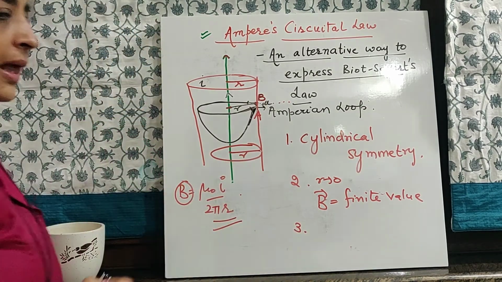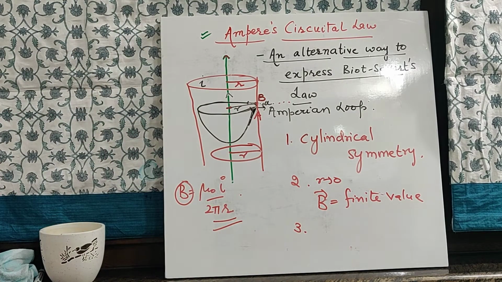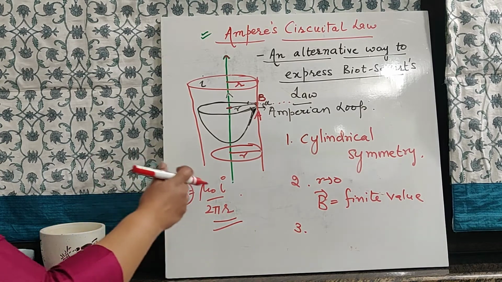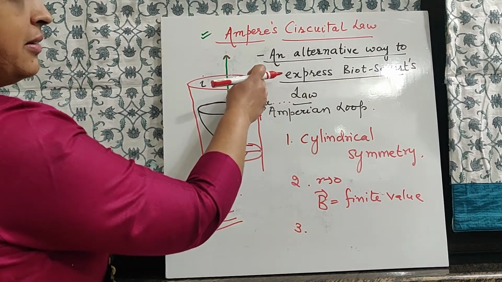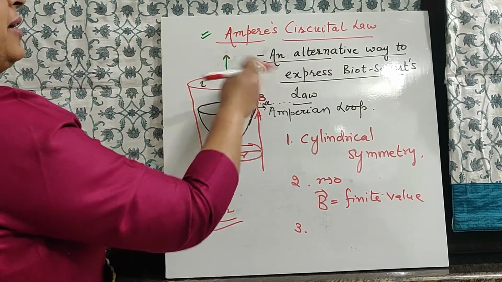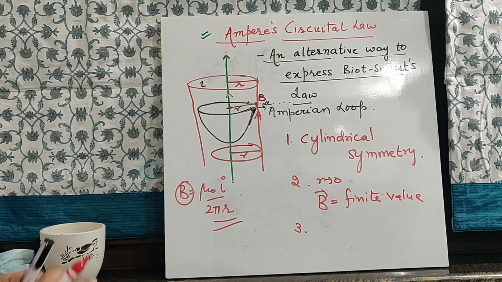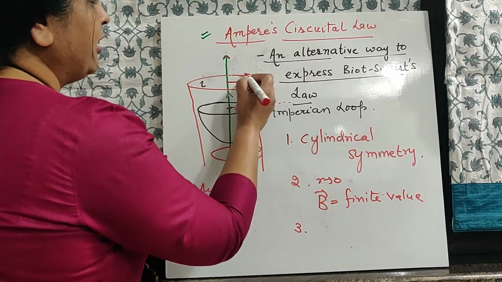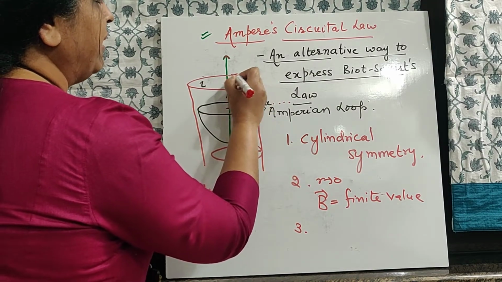Then there is a third point which says that the direction of the magnetic field is always tangential to the Amperian loop which you have taken. So if we talk about the magnetic field here, it will be like this.